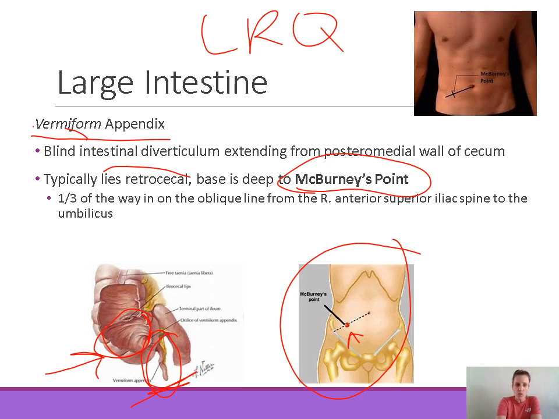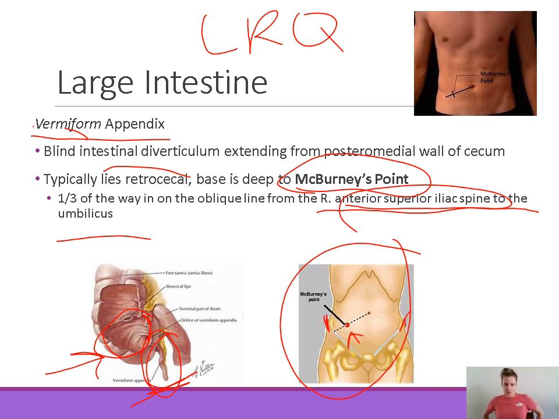It is about 1/3 of the way in on the oblique line from the right anterior superior iliac spine to the umbilicus. The anterior superior iliac spine can be found at the very front of the iliac crest. You can see this curve at the top of your hips, which you can easily palpate, the curve of the hip. That's the iliac crest.